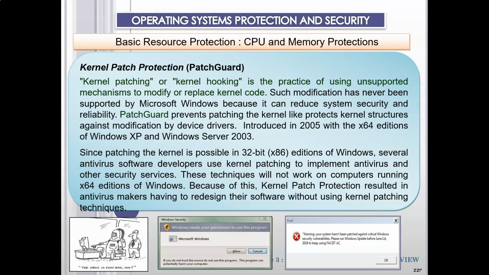It's very long ago. Since patching the kernel is possible in 32-bit editions of Windows, several antivirus software were developed using kernel patching to implement antivirus and other security devices. This technique will not work on computers running 64-bit editions of Windows because of kernel patch protection, resulting in antivirus makers having to redesign their software without using the kernel patching technique.